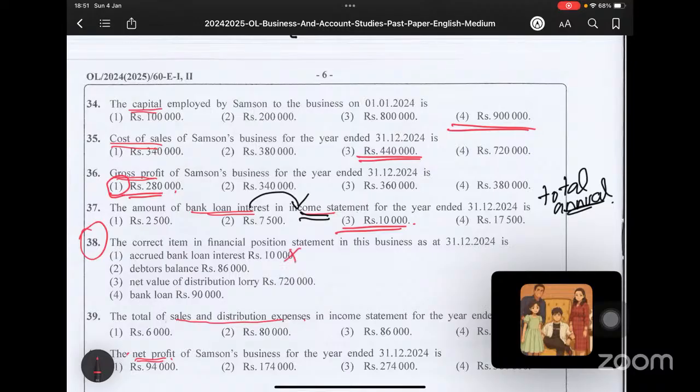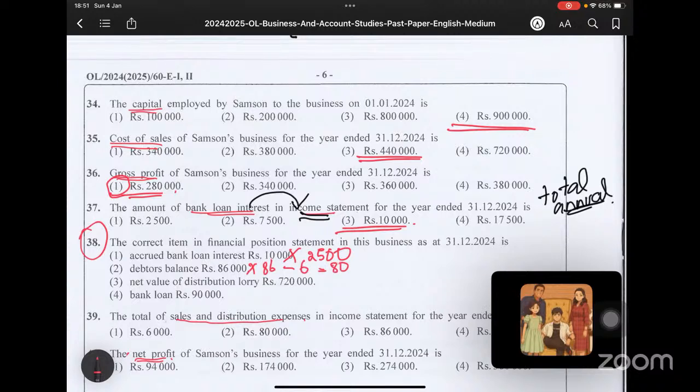No. Accrued bank loan interest, they have to pay 2,500 because they have already paid 7,500. So the accrual is 2,500. Debtors balance is 86,000. No. 86,000 is the total amount and there we had bad debts. So 80,000 is the amount of the debtors balance.